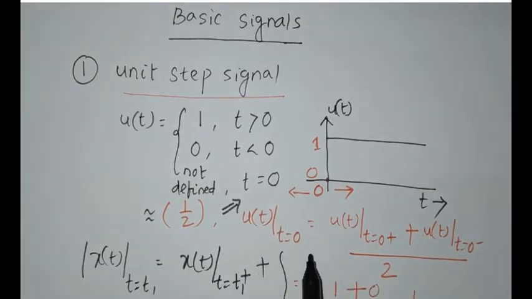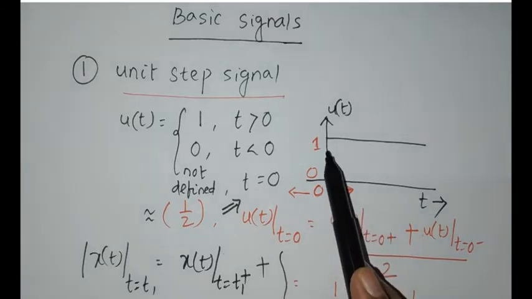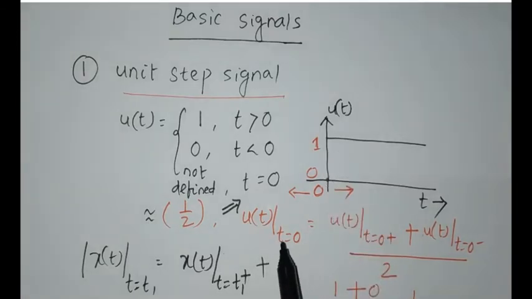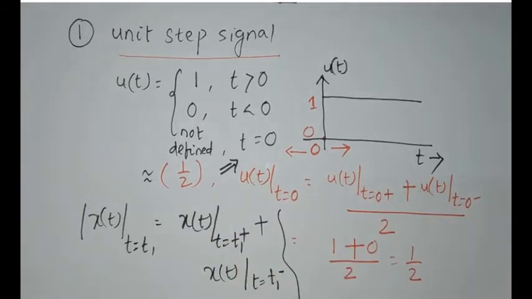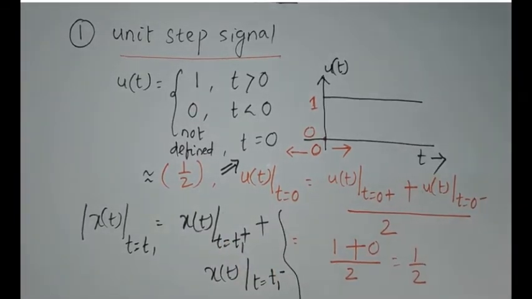At point 0 it is discontinuous, so u of t at 0 plus and 0 minus averaged is 1 plus 0 by 2, a half. This is the unit step signal in the continuous time domain.